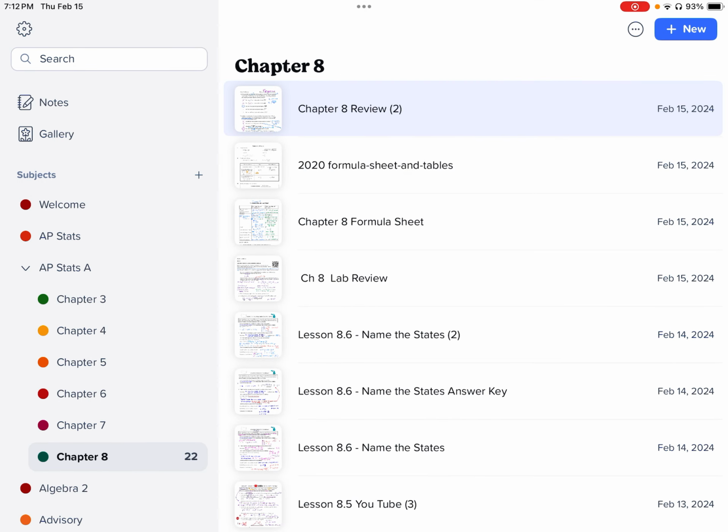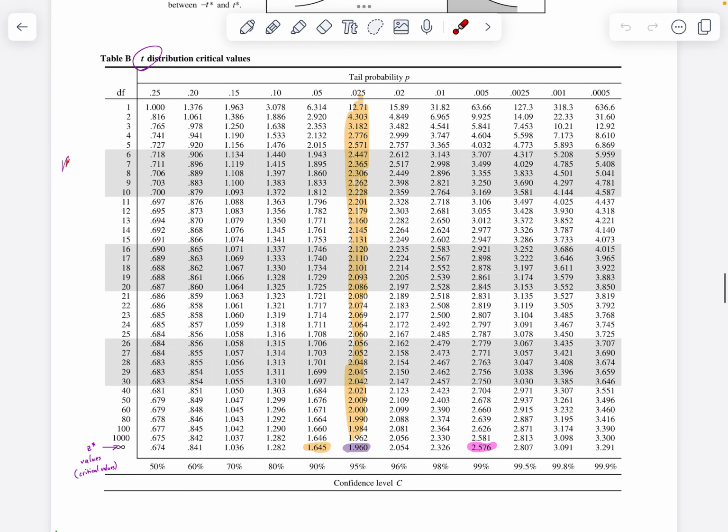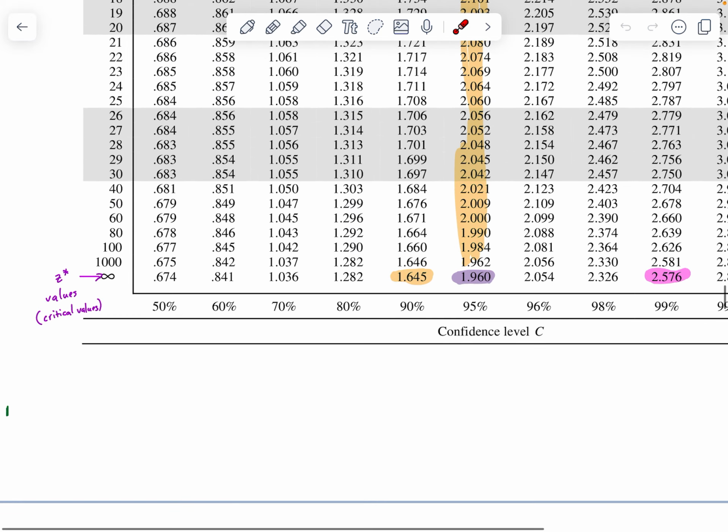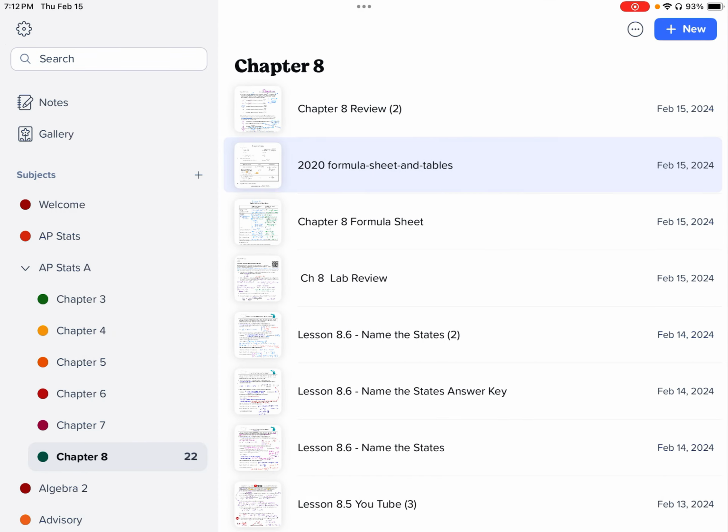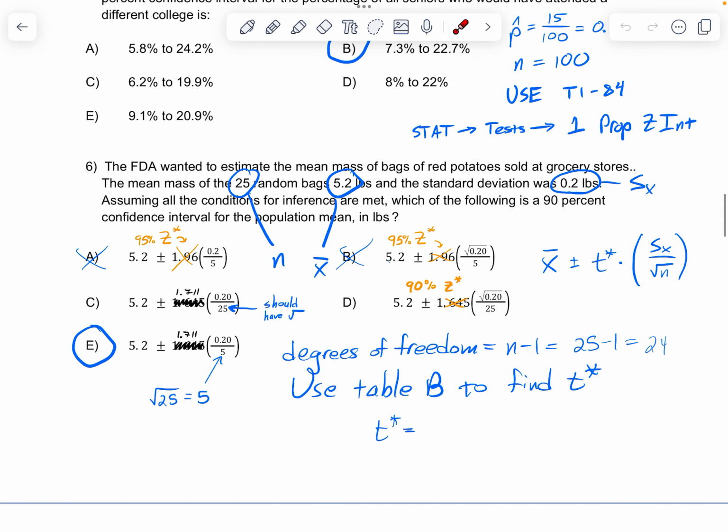Quick reminder, where do you find z-stars? Same table, table B, but way down at the bottom, your z-stars are the infinity row. So there's the 90% one, and there's the 95% one. Here's the 99 one. Those are the most common 3. So it's not those 3.